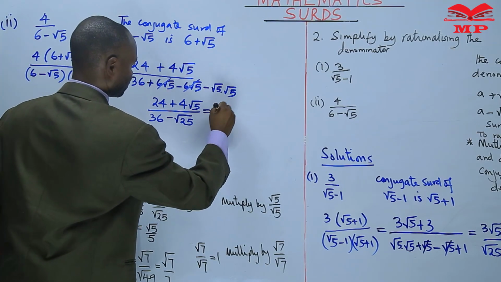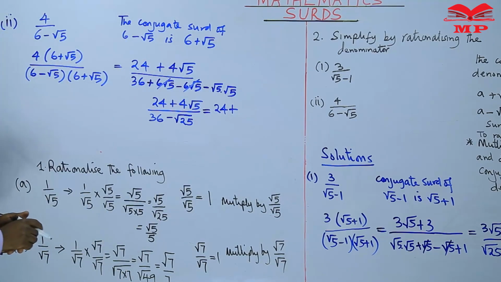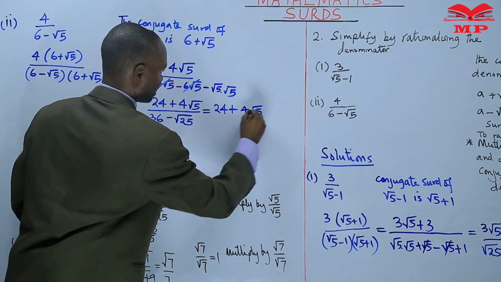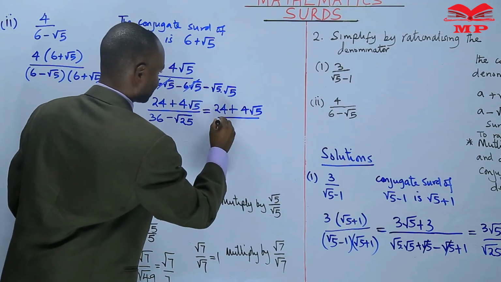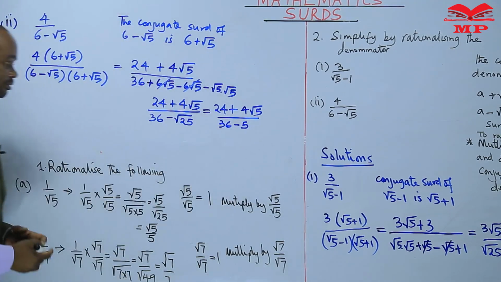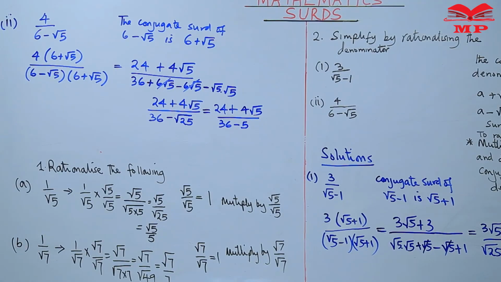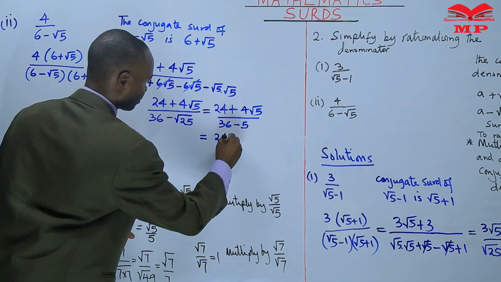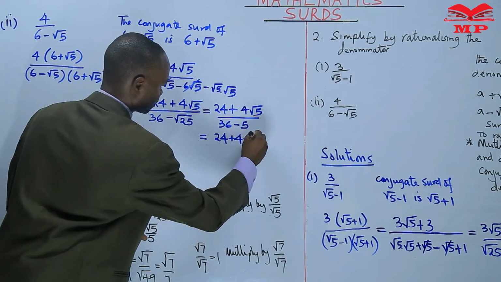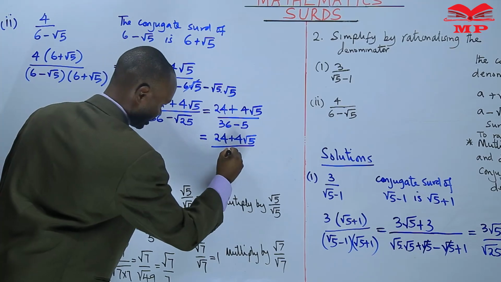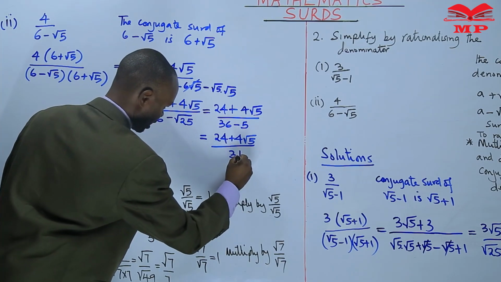So you'll have 24 plus 4 square root of 5 over 36 minus 5. This will work to 24 plus 4 square root of 5 over 31.